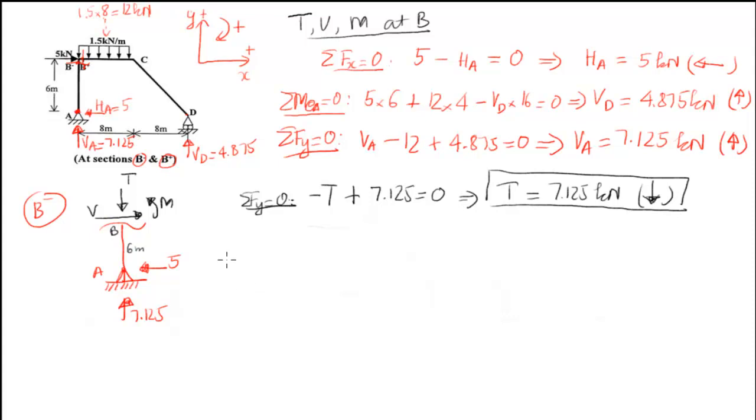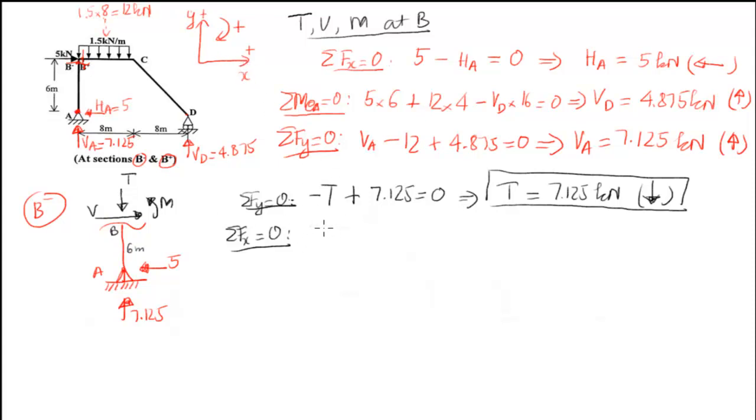Okay, now similarly, we got V and 5 in the X direction, so we take sigma Fx equal to 0. So we got V goes to the right, which is positive as our assumption here.